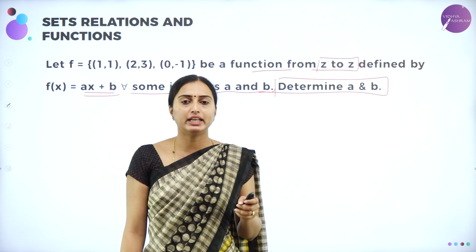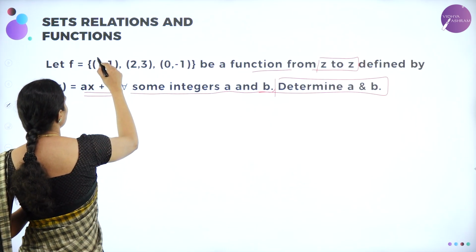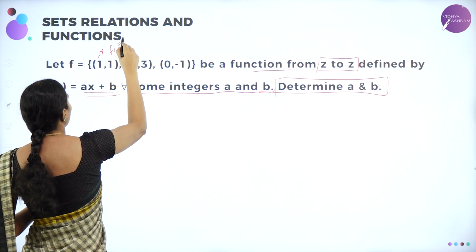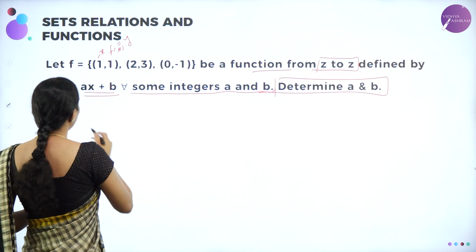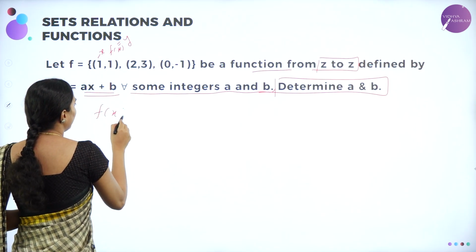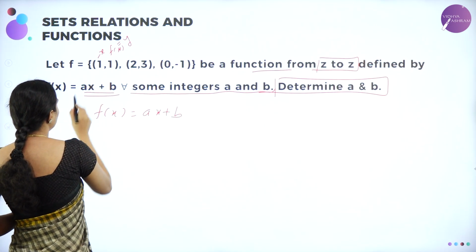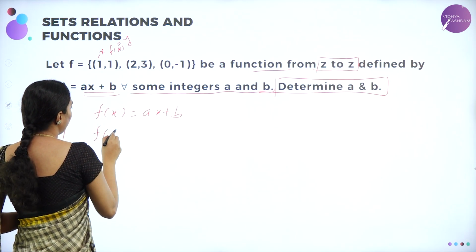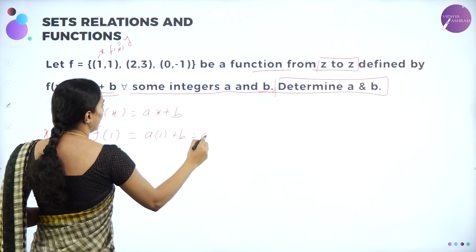Let me find out by taking the function. At x equal to 1, this is the x value and f of x is the y value. Given the function f of x is equal to ax plus b, at x equal to 1 we have f of 1, which is a into 1 plus b, which is nothing but a plus b.